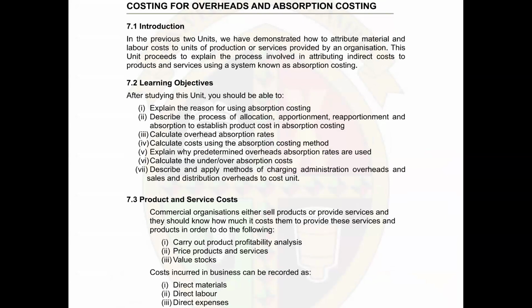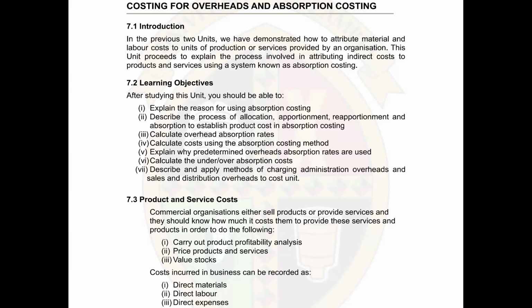No, we are good. The objective is that at the end of this, you should be able to explain the reasons as to why we use absorption costing. You should be able to describe the process of allocation, apportionment, and reapportionment, and how to calculate absorption rates.